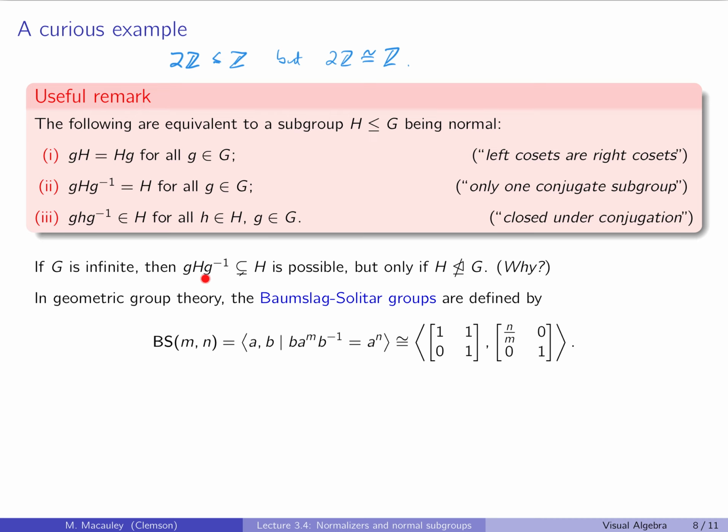But such an example cannot be normal. You see why? If you don't have equality here, then you break this second condition. However, if you have such an example, then it must be the case that there's some element in G, call it G1, and some H in the subgroup big H, whose conjugate, G1 H G1 inverse, is not in the subgroup.